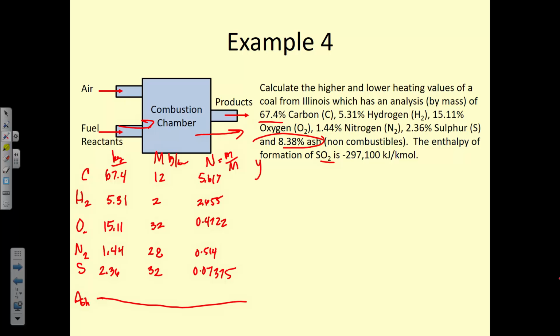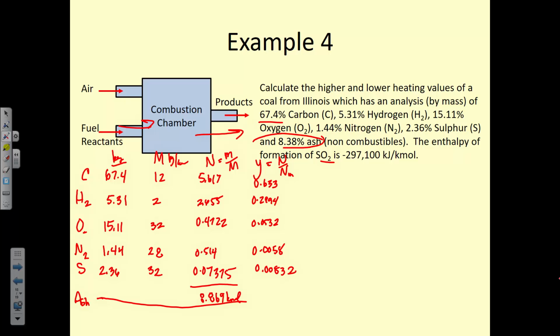Then, using that, we calculate Y, which is N over the total number of moles, and if we add up the total number of moles, we get 8.869 kilomoles. So we can calculate the Y value for each of those: 0.633, 0.2994, 0.0532, 0.0058, and 0.00832.